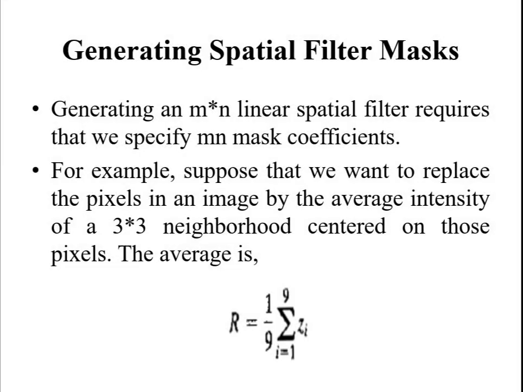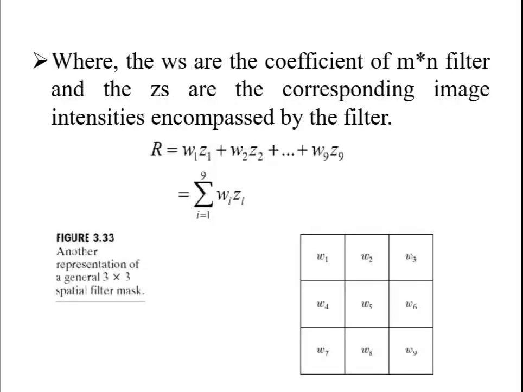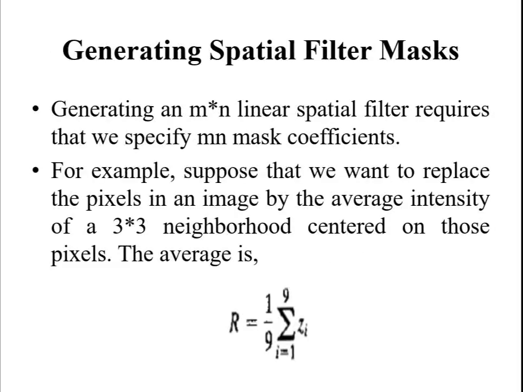But this is the same equation with the coefficient values w_i equal to 1/9. In other words, a linear filtering operation with a 3 by 3 mask whose coefficients are 1/9 implements the desired averaging. As we discuss in the next section, this operation results in image smoothing.